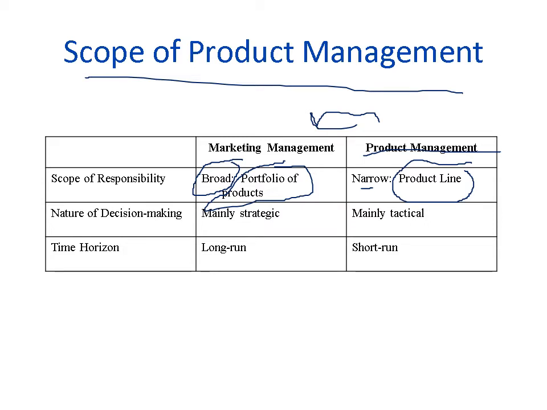When it comes to the nature of decision making, the marketing side of management is more long-term because it is strategic, while on product management, it's more on the tactical or mid-term. Okay? And the time element involved is long-term, while a product management is short-term.